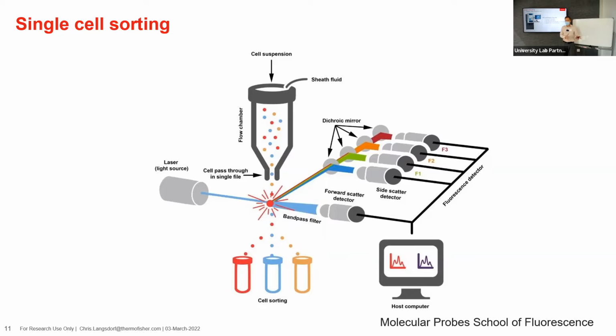So you just roll it in, with the monitor and keyboard off to the side, and this can sort 6 different types of samples into tubes, or 8 ways into a 384 well plate, and this takes 10 seconds to put one cell in each of these wells. So another possibility, if analysis isn't enough and you want to sort your cells, is a really powerful way to do that also.